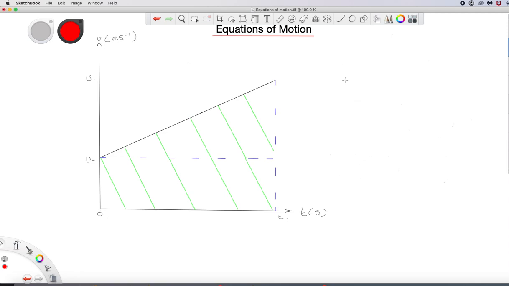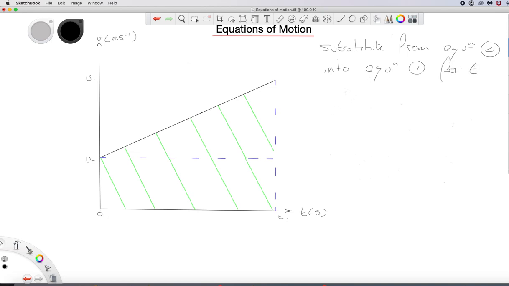So if we then substitute from equation 2 into equation 1 for t.